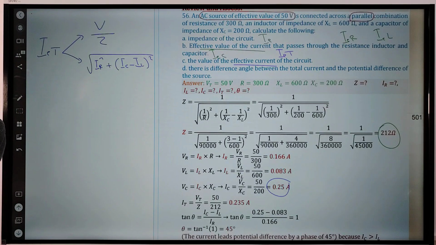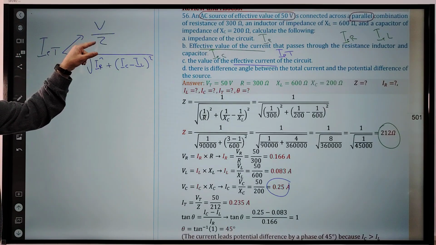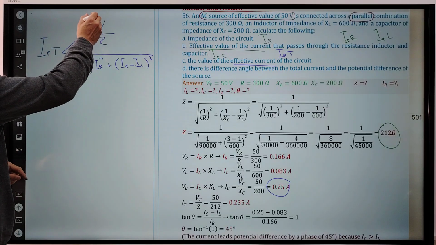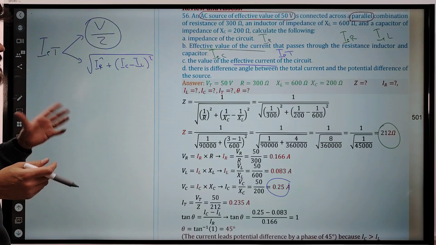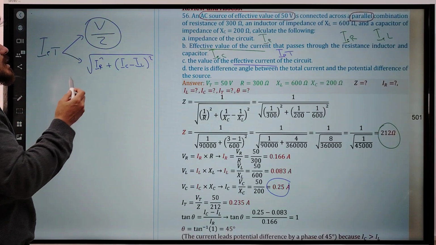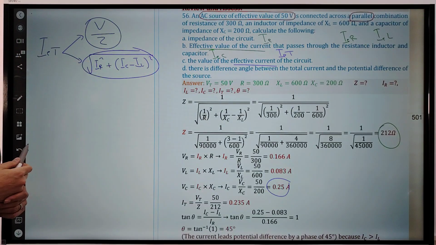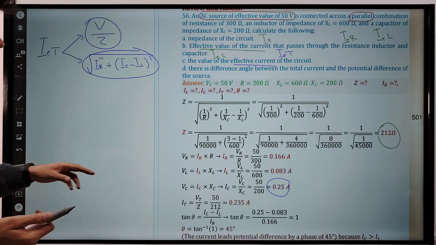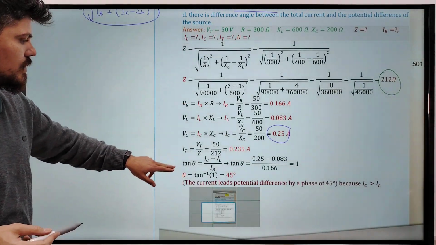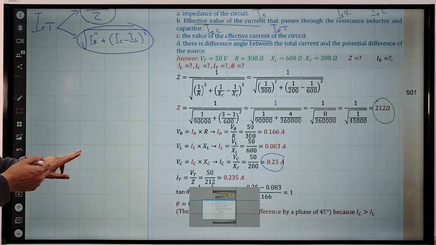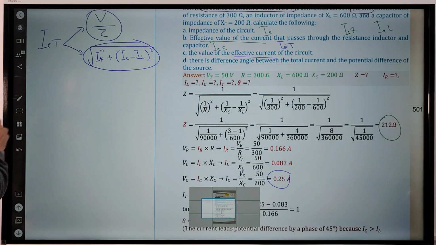It's up to you. If you have the potential difference and Z, you can use this equation. This one is the easiest way. But if you don't have Z, you can use the other equation to find the total effective current across the source.